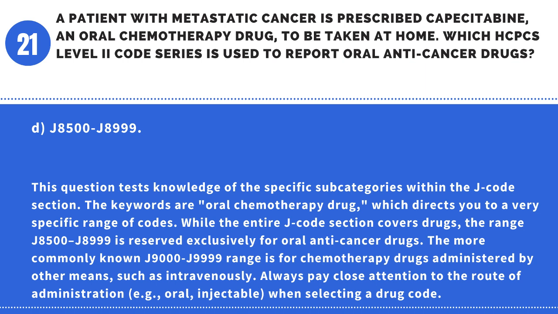The more commonly known J9000 J9999 range is for chemotherapy drugs administered by other means, such as intravenously. Always pay close attention to the route of administration, e.g., oral, injectable, when selecting a drug code.